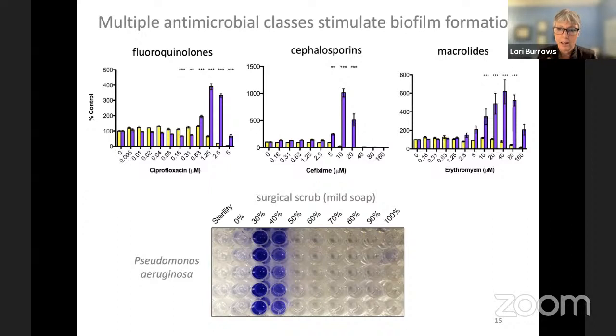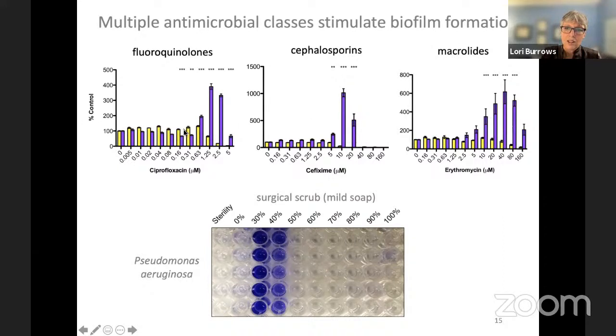Those are both beta-lactam antibiotics, so they inhibit cell wall synthesis. But here are some data from the organism that my lab works mostly on, which is Pseudomonas aeruginosa, with fluoroquinolones, so ciprofloxacin, which inhibits DNA synthesis, cephalosporins, which is a different class of beta-lactams, and macrolides.